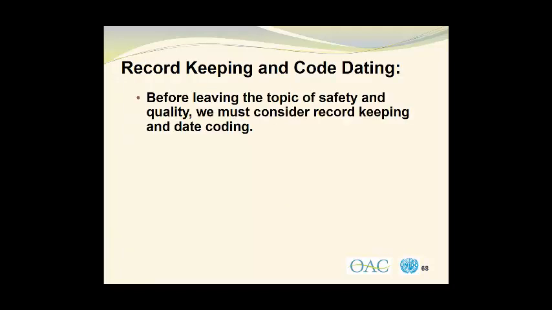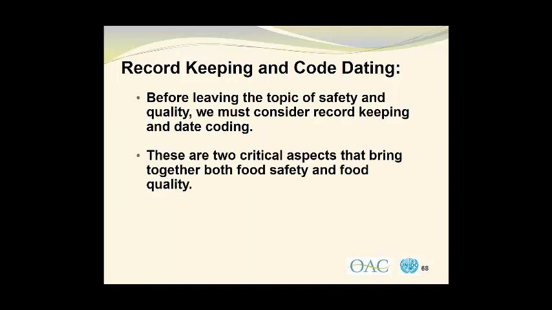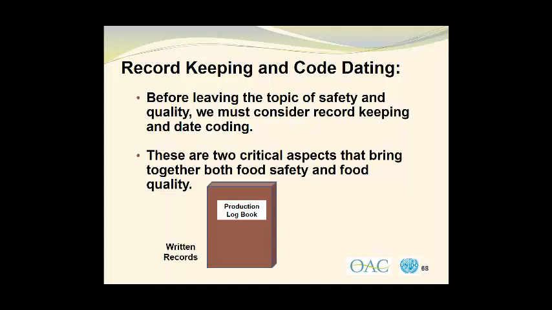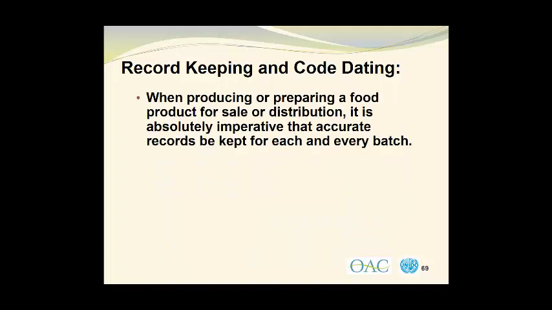Before leaving the topic of safety and quality, we must consider record keeping and code dating. These are two critical aspects that bring together both food safety and food quality. We can conduct our record-keeping activities in written logbooks, or we may prefer to have electronic storage on disks or hard drives in computer systems.